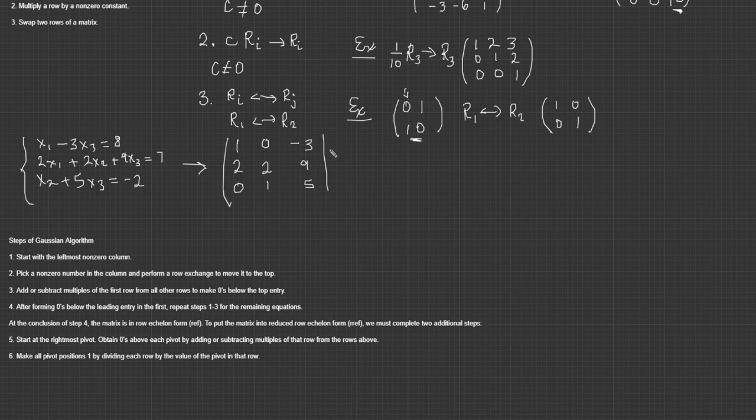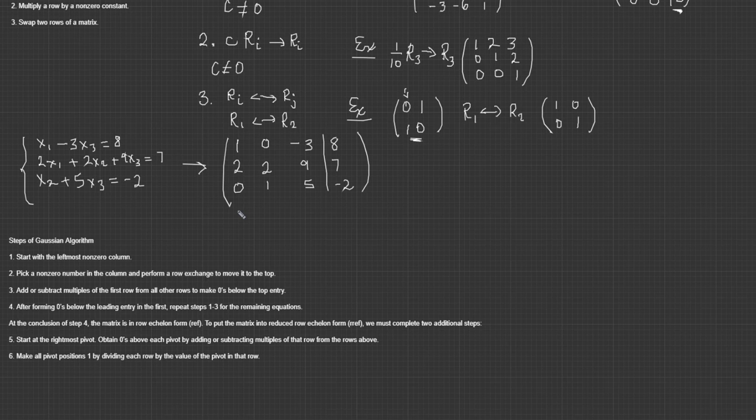When we write that in matrix form, we write a straight line here, and on the right side of the straight line, we write in each constant. So that would be 8, 7, and -2. All right, so that's the system written in matrix form.